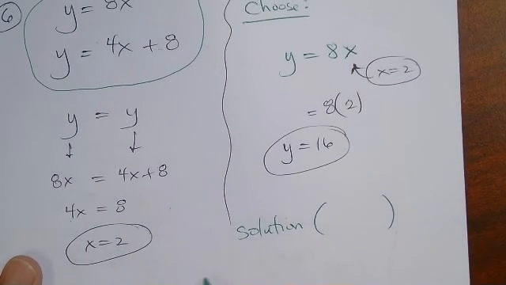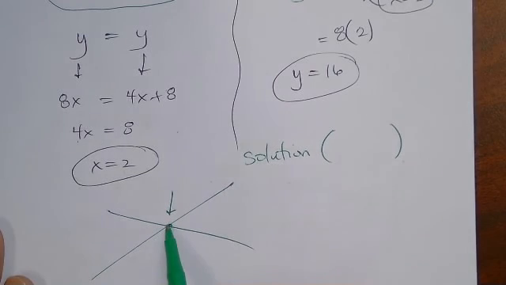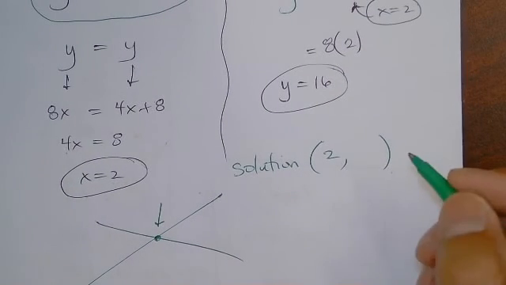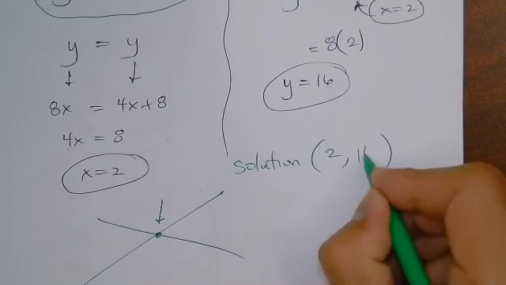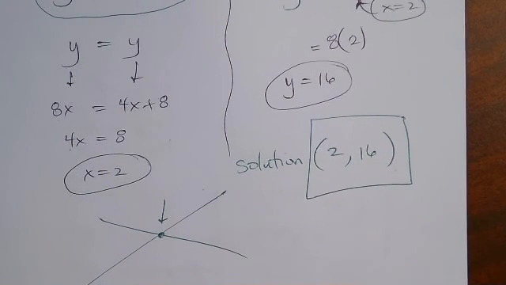Remember, these are two lines and they are intersecting, and the solution is where the two lines intersect. You got to give me the coordinates. x goes first, 2, and then 16, or whatever the value of y is. There you go. Okay, hopefully pretty easy.